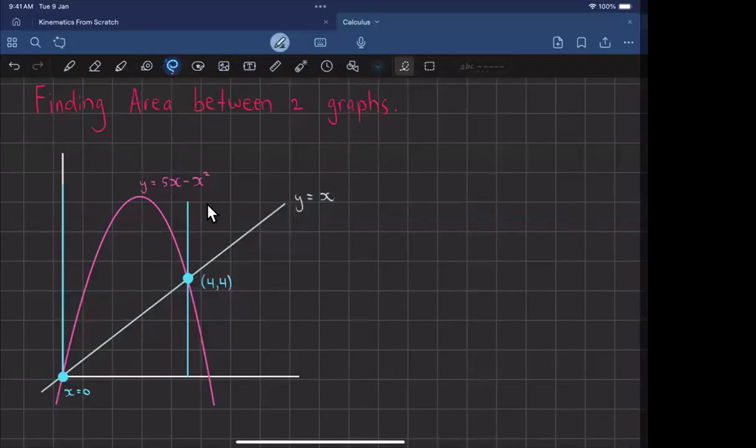Wait, I know it. Hold on. I know it. You could integrate.